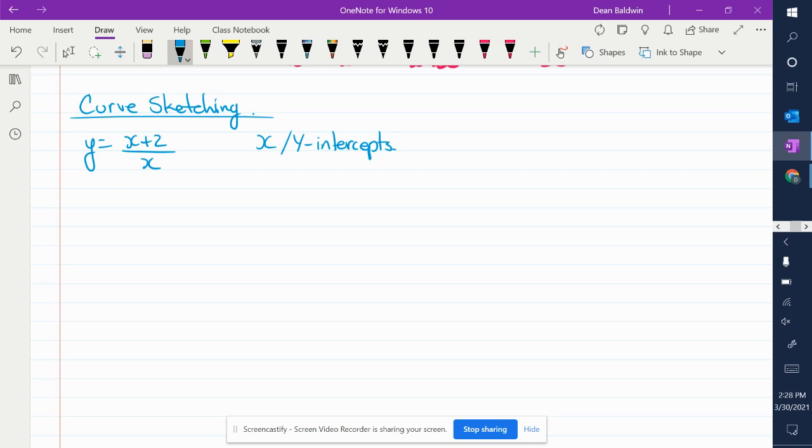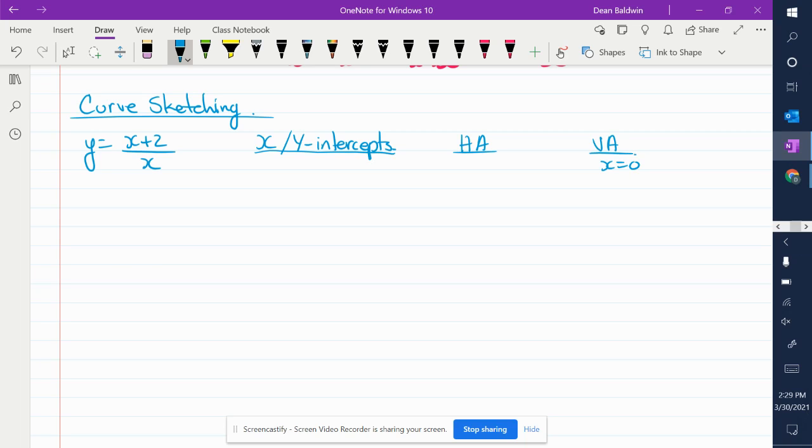So horizontal asymptote, vertical asymptote. What's the vertical asymptote? 0. Whatever makes the denominator 0. So x is equal to 0.